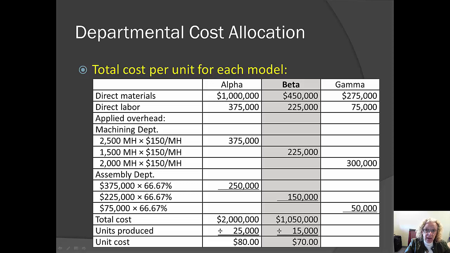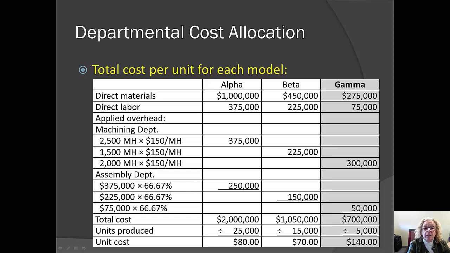We can do the same thing for the gamma motors, add up their materials, labor, machining department overhead, assembly department overhead, divide by the number of motors, and that tells us that they cost us $140 per unit.